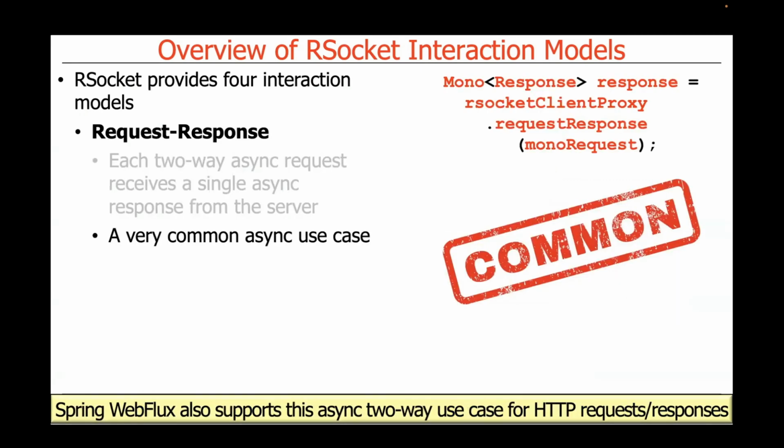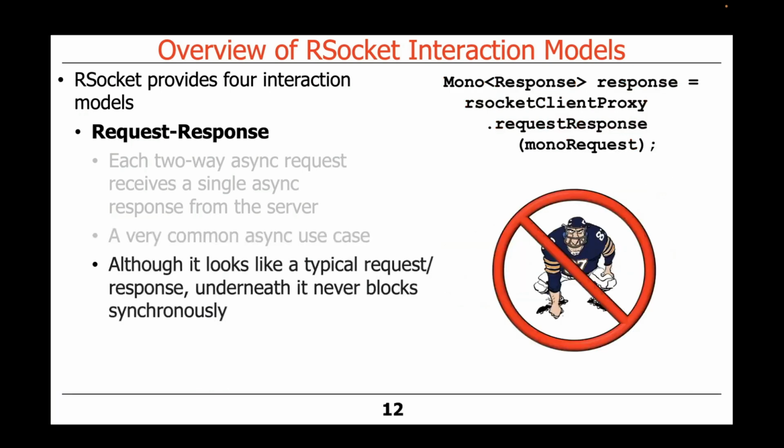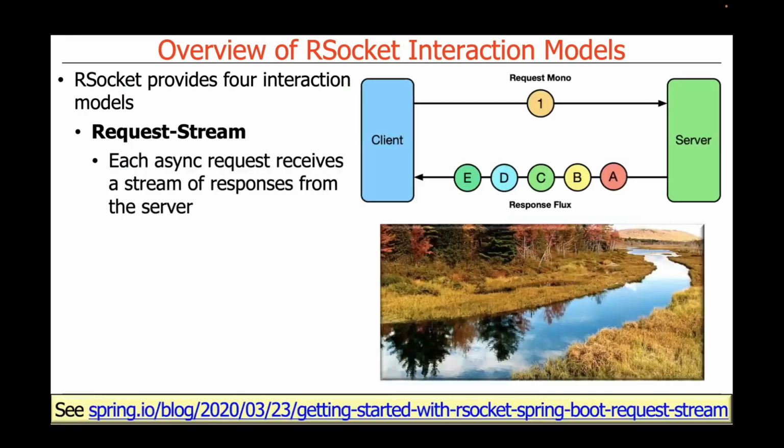This, of course, is a very, very common async use case. And Spring WebFlux supports this two-way use case for HTTP requests and responses asynchronously. And in fact, that's really worth noting. Even though it looks like a synchronous request response call, underneath there's really no blocking going on, and the overall transaction is asynchronous.